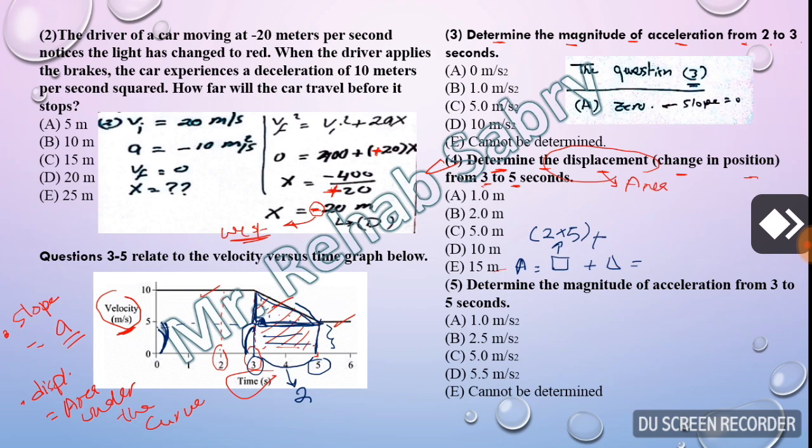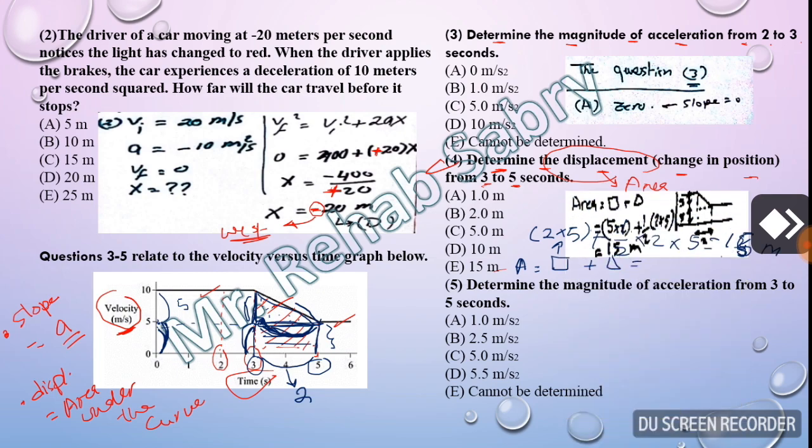What about the triangle? Half base times height. The base is 2, and the height is from 5 to 10, so it's 5. So it will be half times 2 times 5. The total will be 15 meters. So the area, a rectangle plus a triangle, is 15 meters.